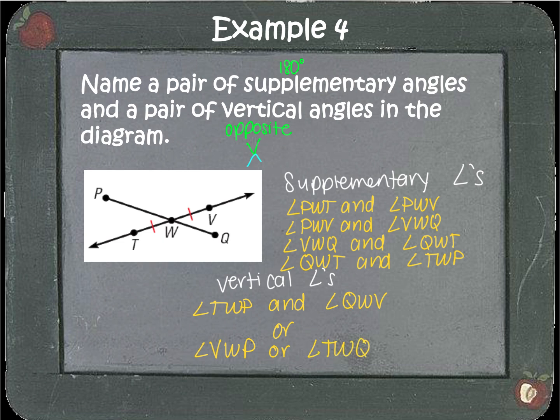Those are your options. Any questions on those or unsure if their answer is correct? Yes. P for the vertical? Yeah. So PWV, yeah, you just flip these. The P and the V, that's fine. And Q and T, that's fine.